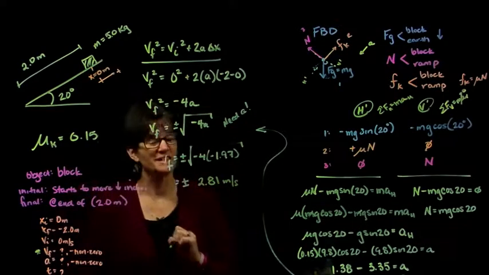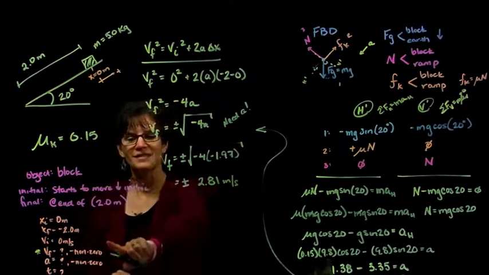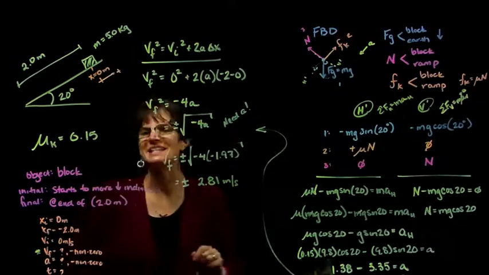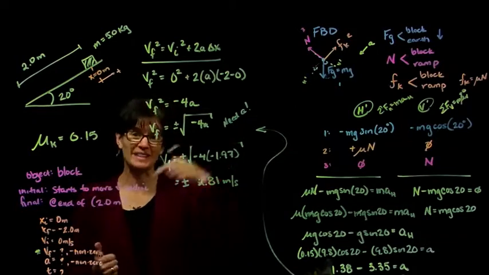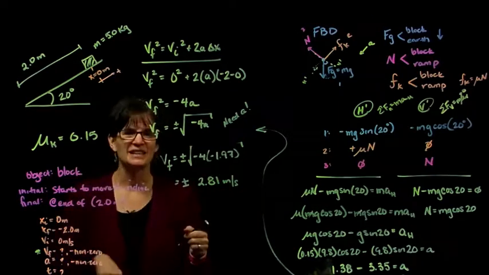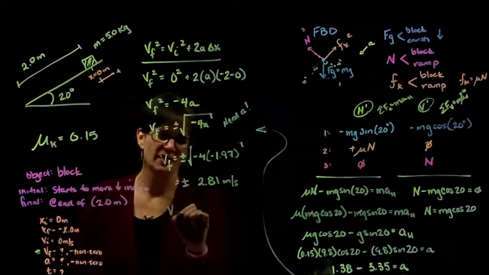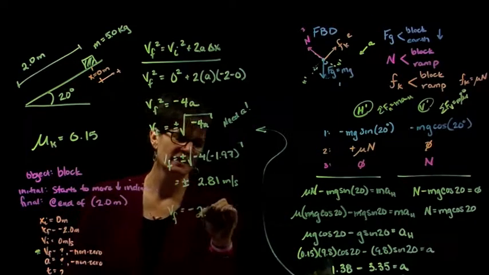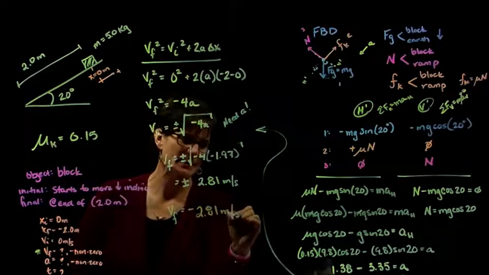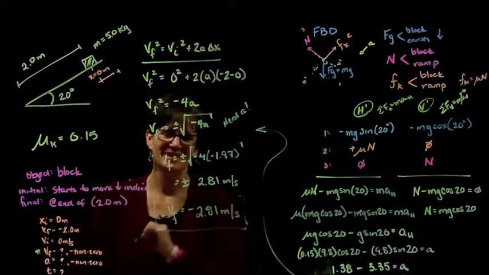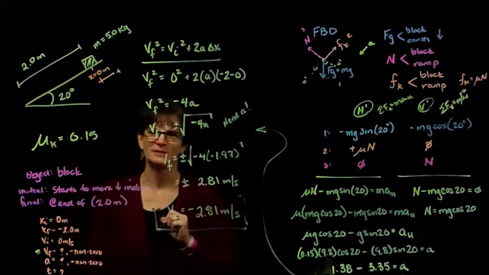So I have to ask myself, is it the plus or the minus? Well, I did my work ahead of time, so it is the minus. Okay, so we're moving in the negative direction as we've defined it given this coordinate system. So my final velocity for that block as it gets to the bottom of that ramp is negative 2.81 meters per second.